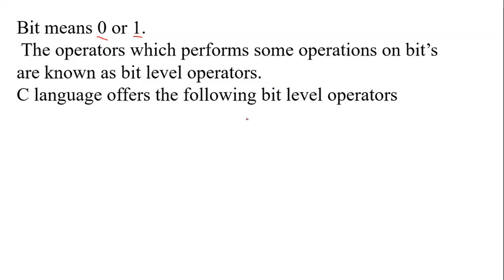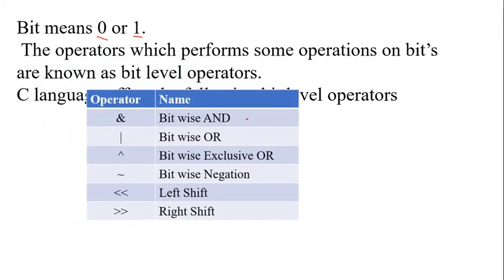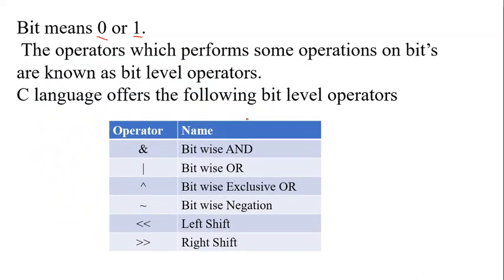C language offers the following bit level operators: bit level AND, bit level OR, also known as the pipe symbol, bit level exclusive OR, also known as the caret symbol or upward arrow symbol, and bit level negation, the bit level NOT symbol, which you can also call bitwise negation.